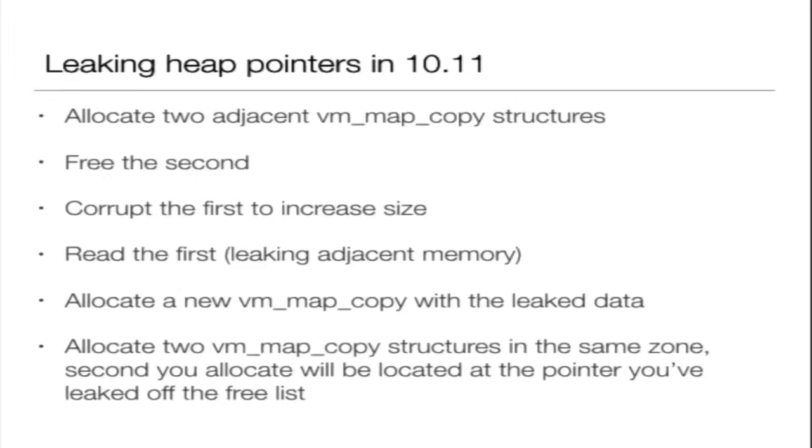By reading the first VMAP copy out, you corrupt the memory, but you also leak the free chunk. And by leaking the free chunk, you can allocate a new VMAP copy with the free chunk in, and the kernel won't crash if you do this, but you will be able to know a pointer to the next free allocation. So if you create two new VMAP copy structures, you will know the pointer to the second one you've created.